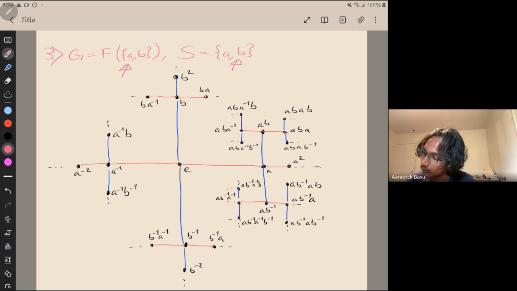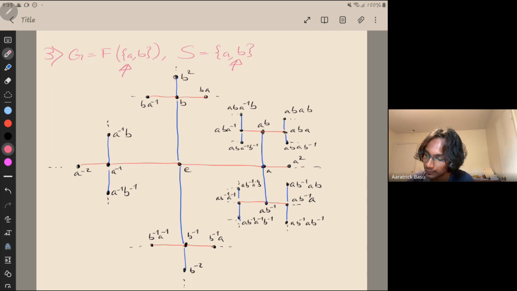Now suppose you are at A. Again, you have 4 options. You can multiply by A inverse on the right, that gets you back to E. You can multiply by A on the right, that gets you to A squared. And if you keep proceeding, you get A cubed, A to the 4th. And if you go to the left, you get A inverse, A to the minus 2, and so on. But more interestingly, you can also multiply by B on the right.